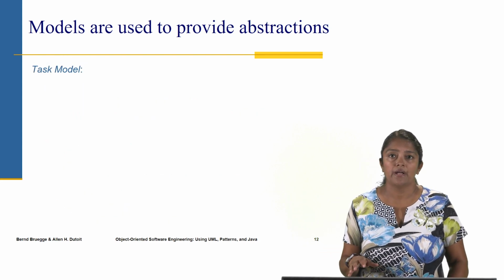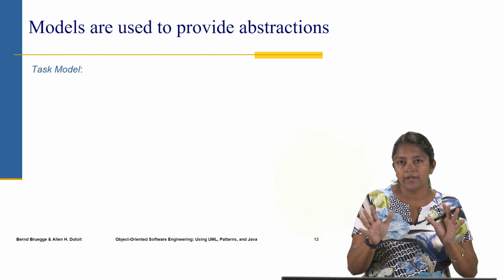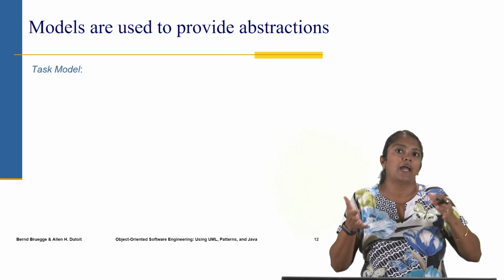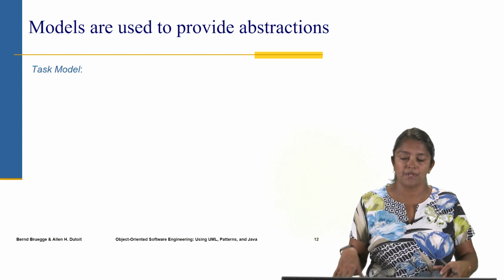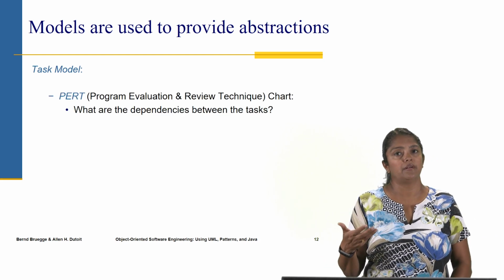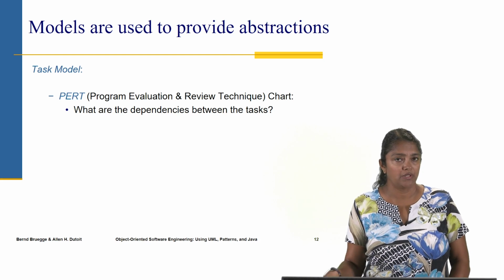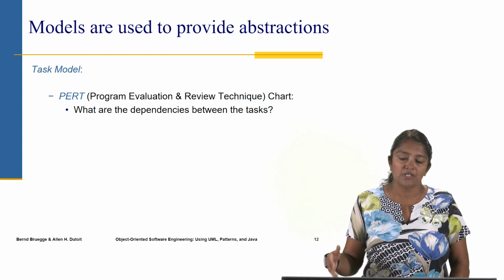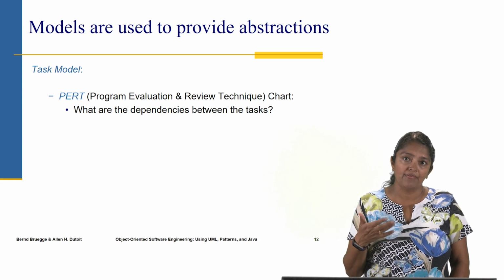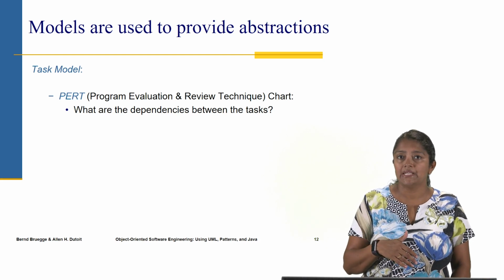Task model, on the other hand, is all about handling the various tasks involved in designing and creating the software solution that we want to create. So in order to create a task model, again, there are multiple different kinds of models and charts. The first one is called PERT, Program Evaluation and Review Technique.